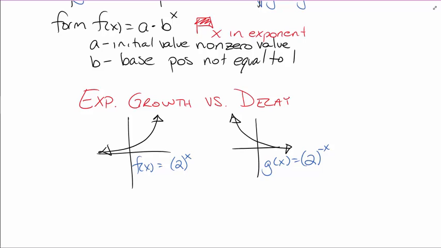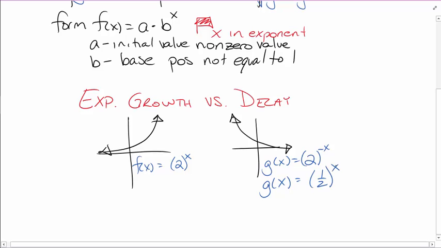We likely won't use 2 to the negative x as much as we will use 1/2 to the x. If we recall, 2 to the negative first power should be the same as 1 over 2 to the first power, or 1/2. So as we look at that negative x in the exponent, we're actually going to treat that 2 to the negative first as a 1/2 power.